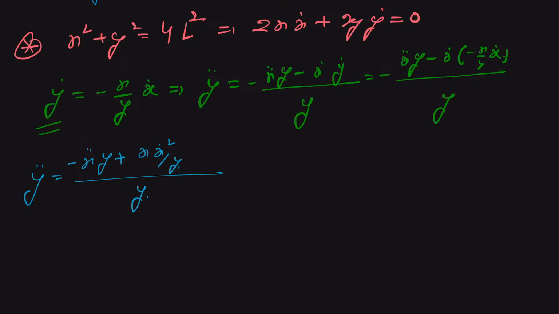For simplification, we can write it as x double dot plus x dot whole square divided by y square.